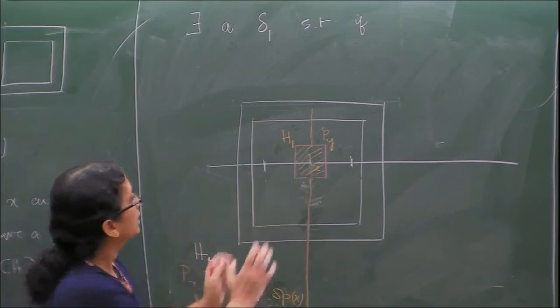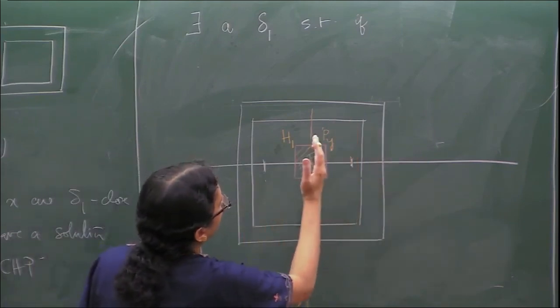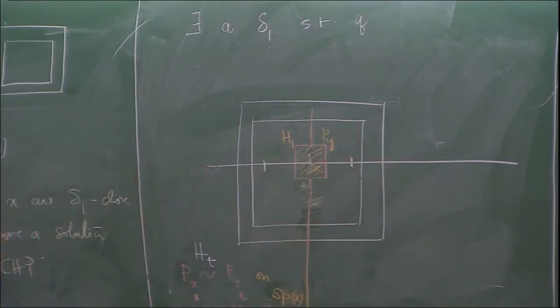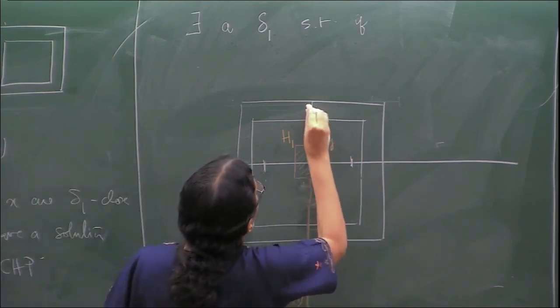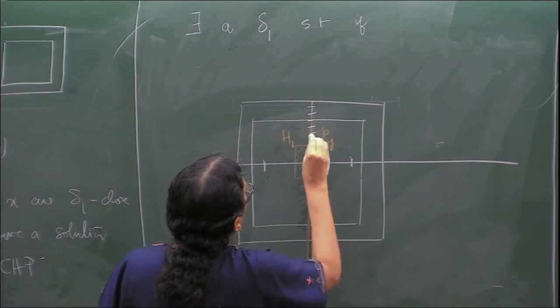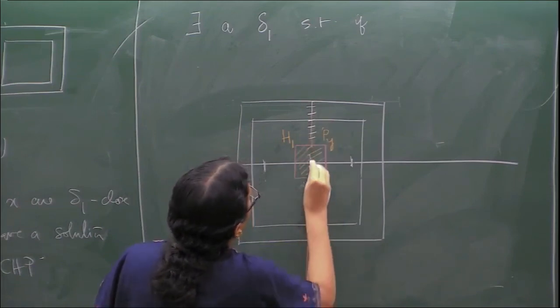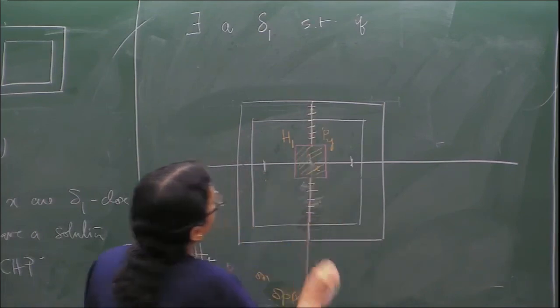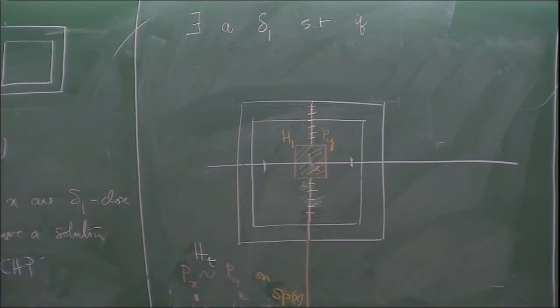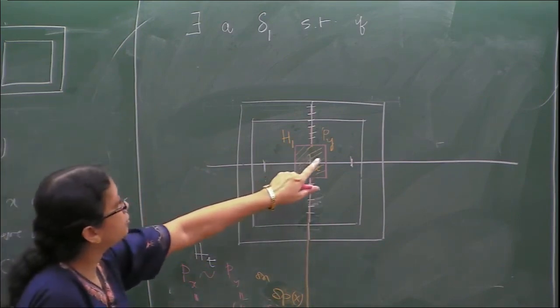So on the right hand side I put Py, on the left hand side I put H1. So if I ignore this part, this is what I cut out. So now your space is not just a square, but these portions have been deleted. So there is a match in the neighborhood because on this region H1 coincides with Py.